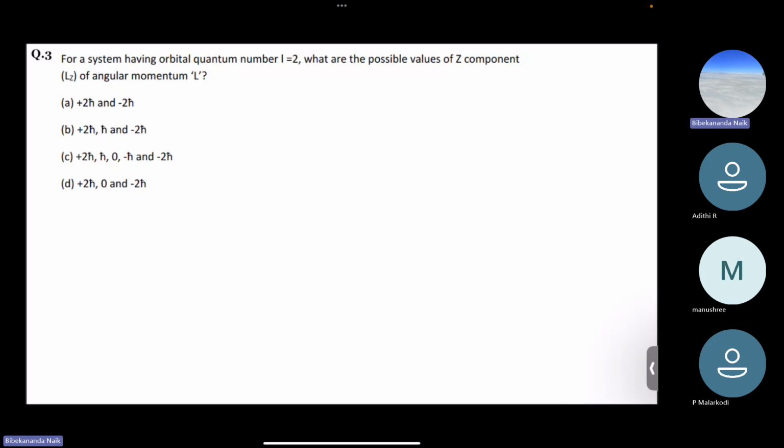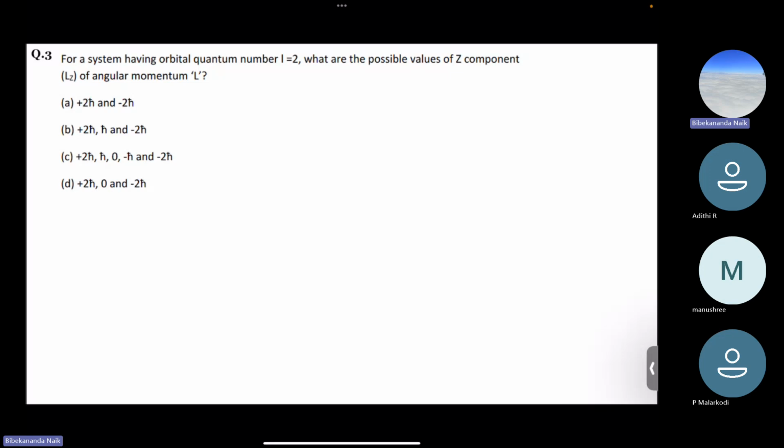Since we are talking about quantum numbers, we are talking about quantizations. We have some distinct values; we can't take any arbitrary values. The name also implies that: quantum number means the things are quantized.